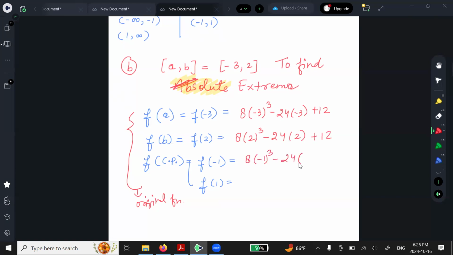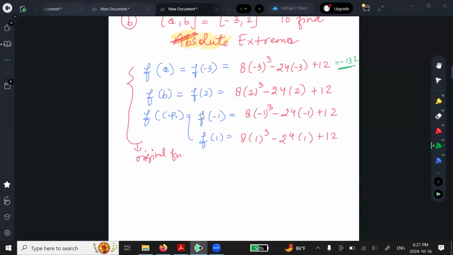Anybody, any question? Okay, I'm just going to write it out unless somebody has an answer for me. -132. That looks like a big negative number. So I think that's going to be the minimum, absolute minimum, right? So then you say that this value gives the absolute minimum.